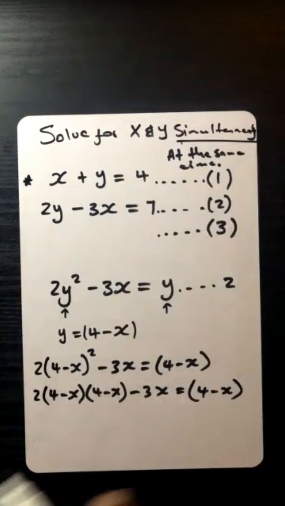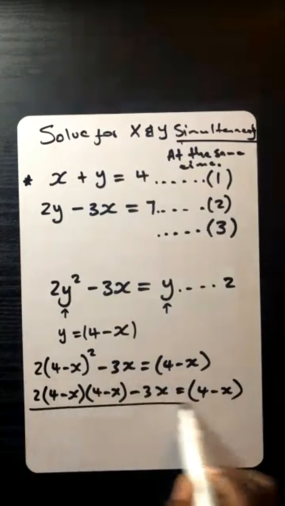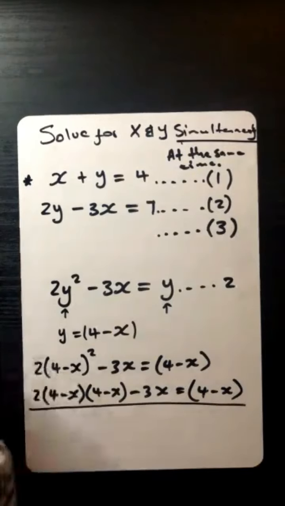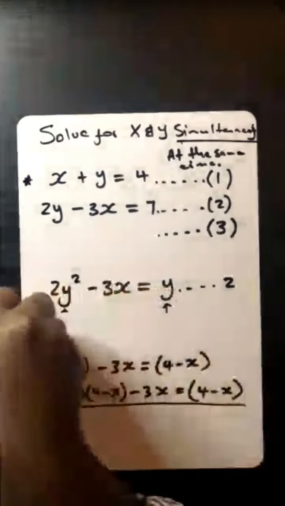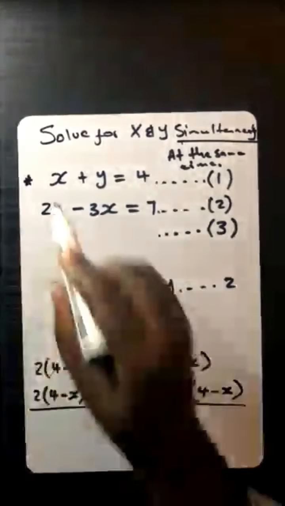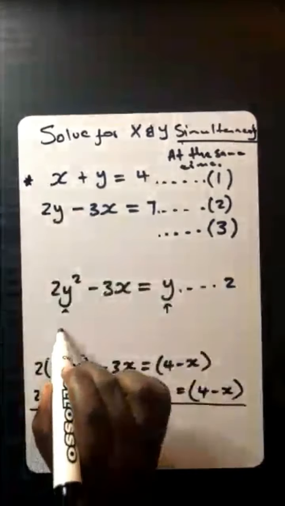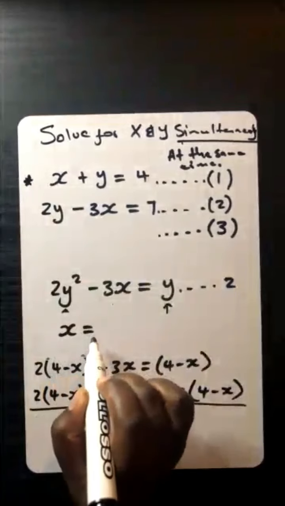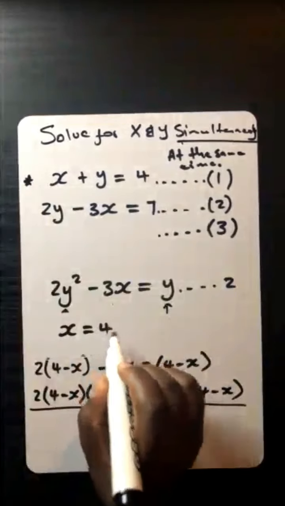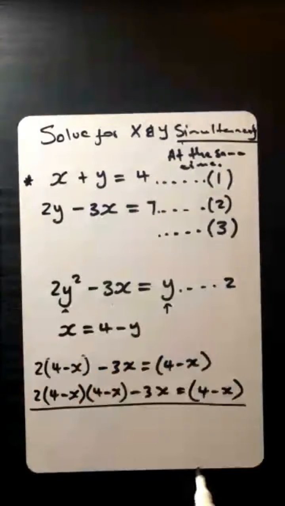So let's check if we made x the subject of the formula. If you make x the subject of the formula, obviously you're going to say x equals, you move everything to the other side, then you've got 4 minus y.